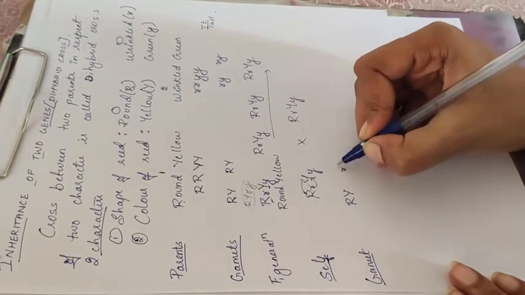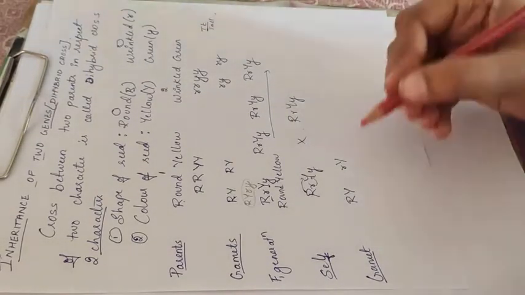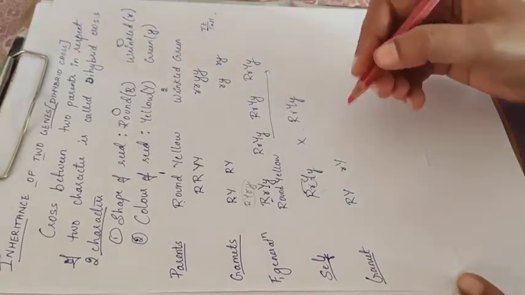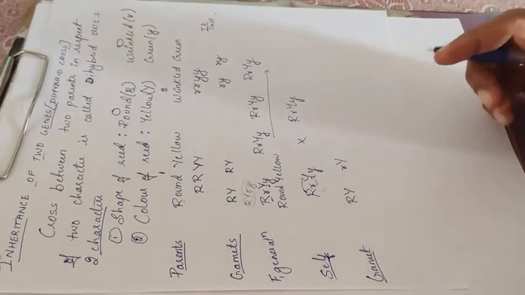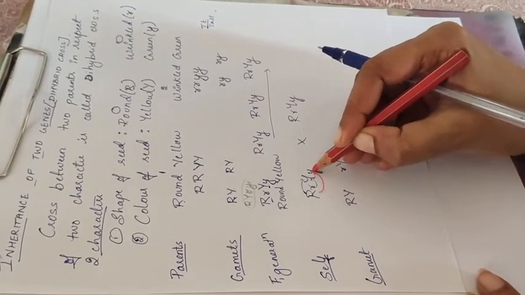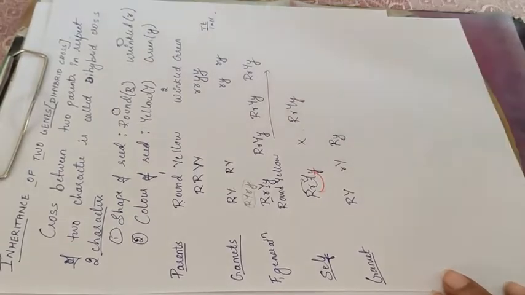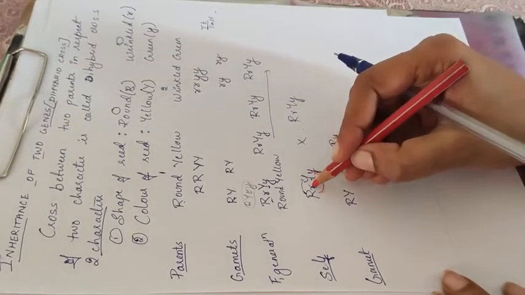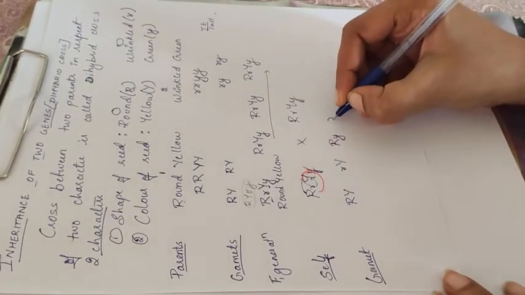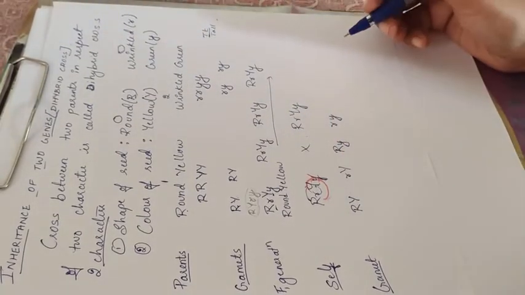Therefore it is small r and capital Y. In the next one, it is this R, I'm going to write it like this, R with this y. Therefore, it is capital R, small y. Next is this small r with this. It is small r and small y. This is the gamete formation.